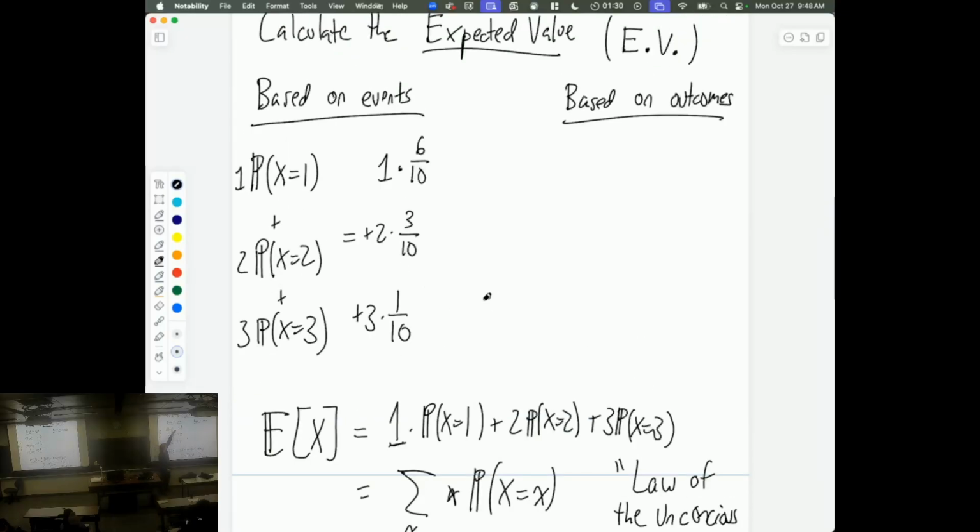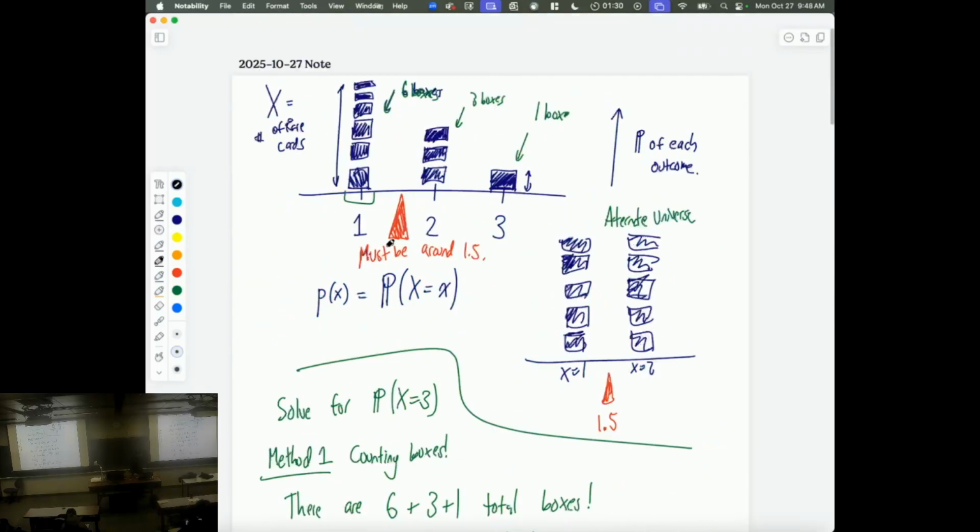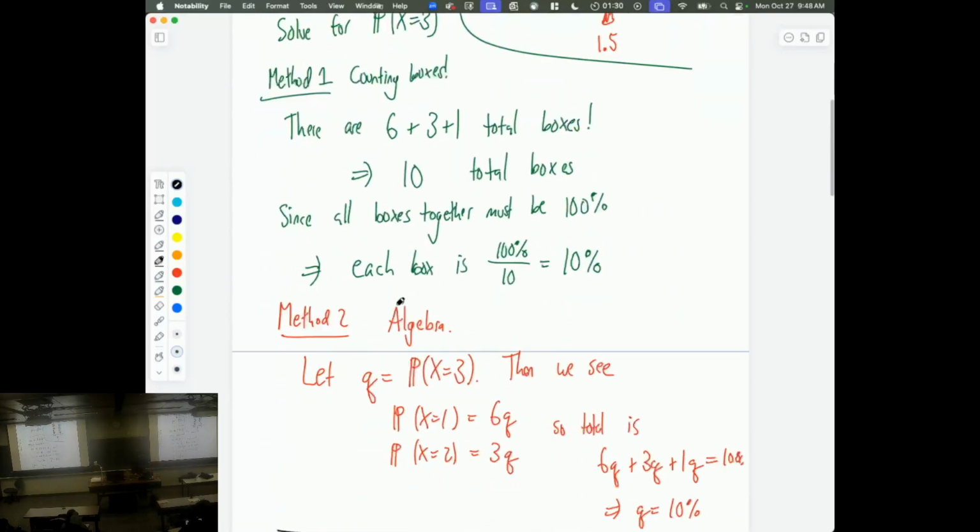We're doing the weighted average of the numbers 1, 2, and 3, and we're weighting it so 1 is the most likely, 2 is the next most likely, and 3 is the rarest. So in other words, it's the average of the numbers 1, 2, and 3, but they're weighted by how likely they are. This one weighs the most, this one weighs the second most, this one weighs the least. So that's why, with the intuition we had, it's got to be around 1.5. That's why it makes sense.